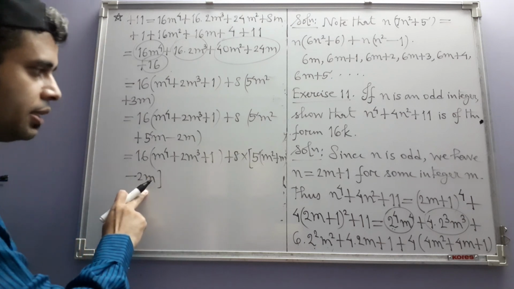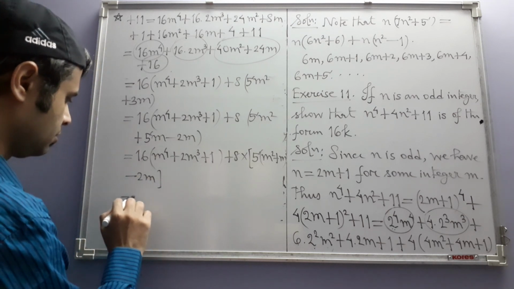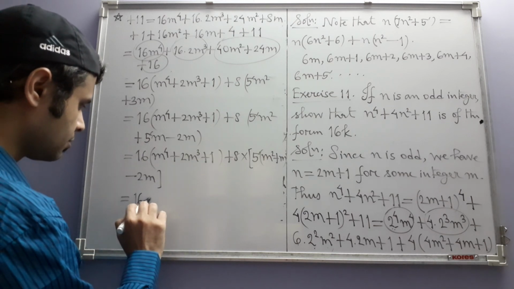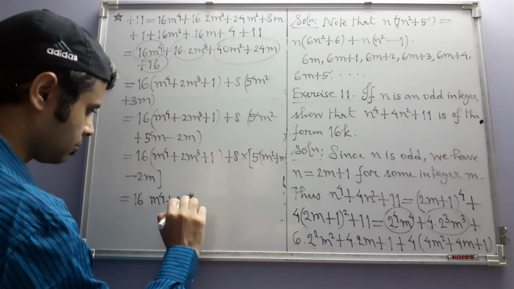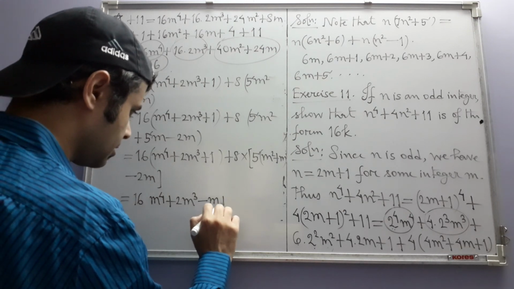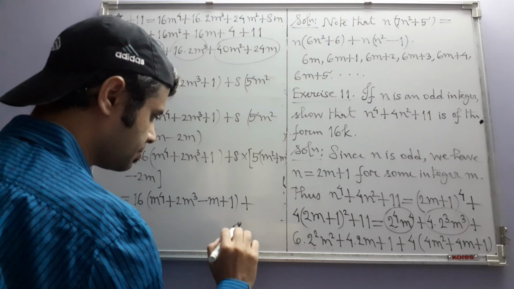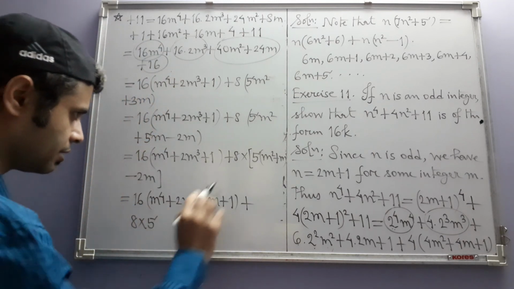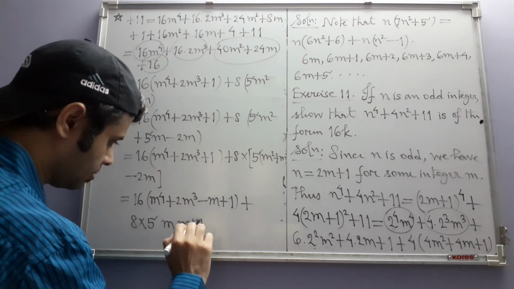This is already giving us 16m actually. So that we can merge with this one, writing minus 16m, so minus m plus 1. Now you see this, plus 8 times 5 times m times m plus 1.